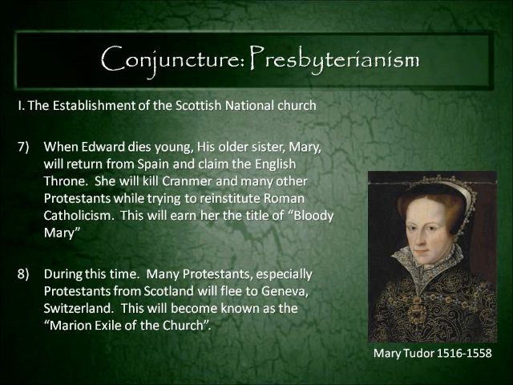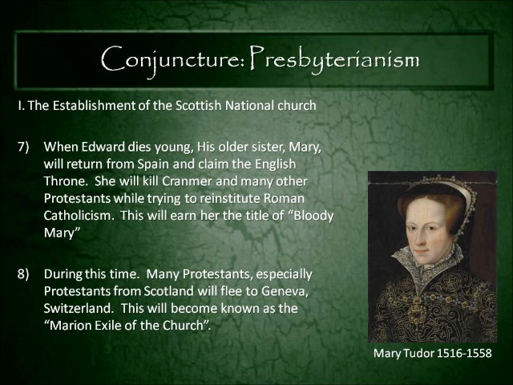Now, Mary is very much Catherine's daughter. She went back to Spain with Catherine, and Mary will be strongly Roman Catholic. And so when she comes back to England, she is going to try to make Protestantism go away in England.